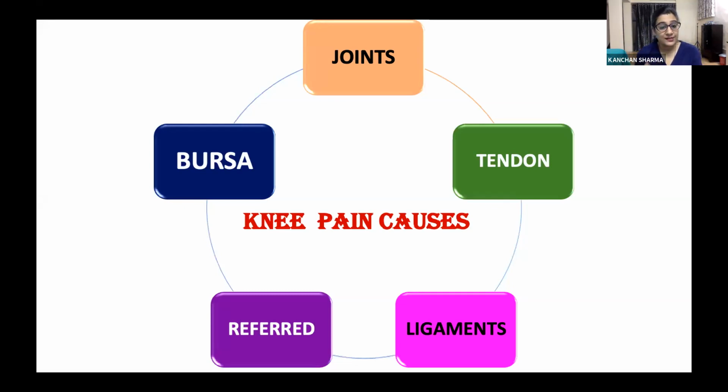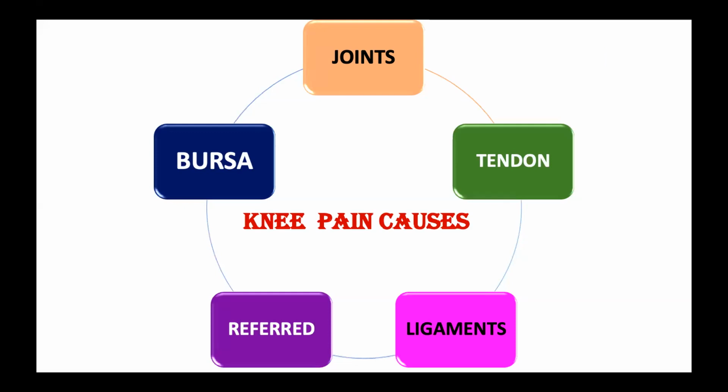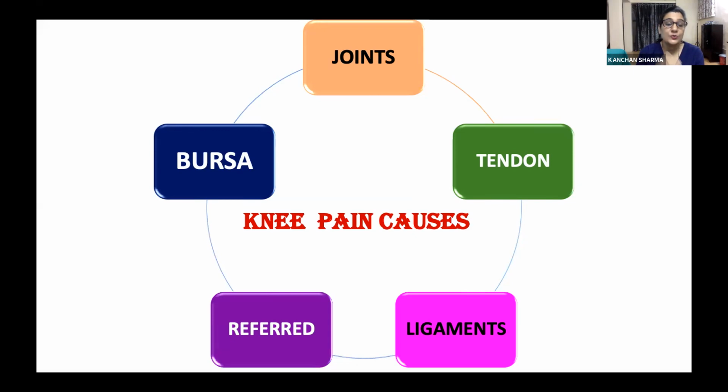Ligaments will always present with instability. You can have a referred pain to the knee from the hip or from the spine. And bursas, yes, if they get enlarged, you can have bursal inflammation. So that can also be a cause of pain. So broadly, we have learned these structures, and any of the structures can be a pain generator.